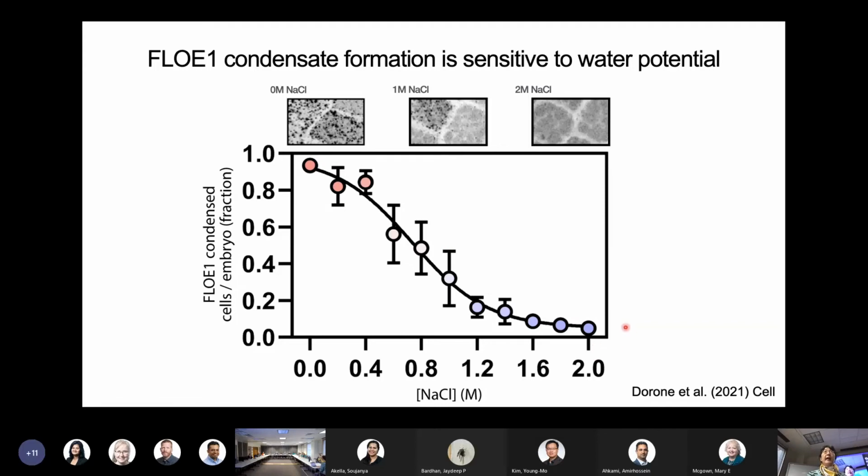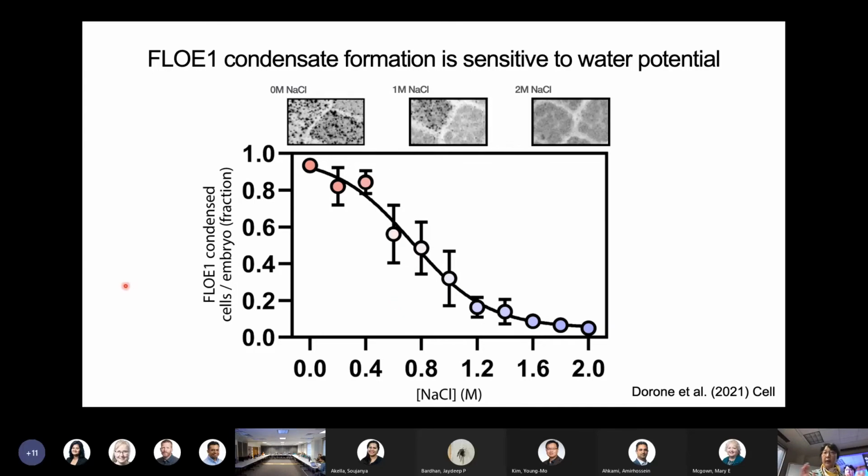What was interesting is that this granule formation at the cellular level was kind of all or none, at the individual cell, but at the organ level, it was this quantitative response. So this cell-to-cell heterogeneity manifested itself into more of a quantitative response at the organ level, which was interesting.